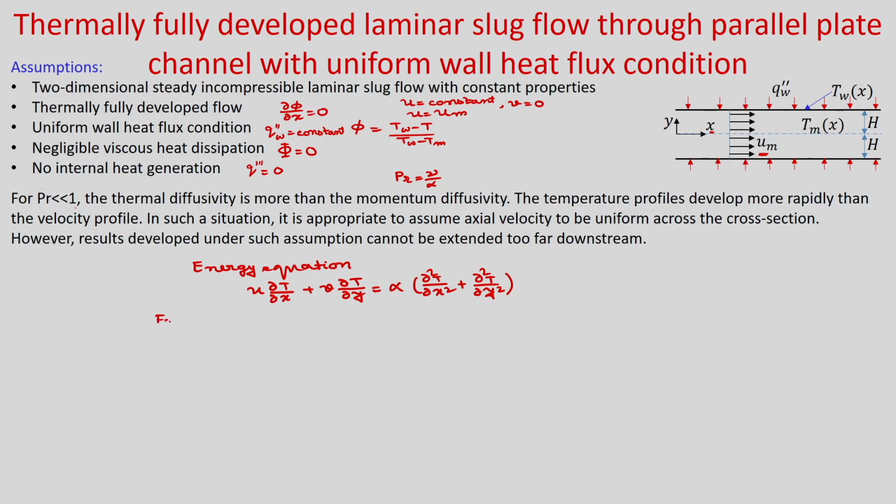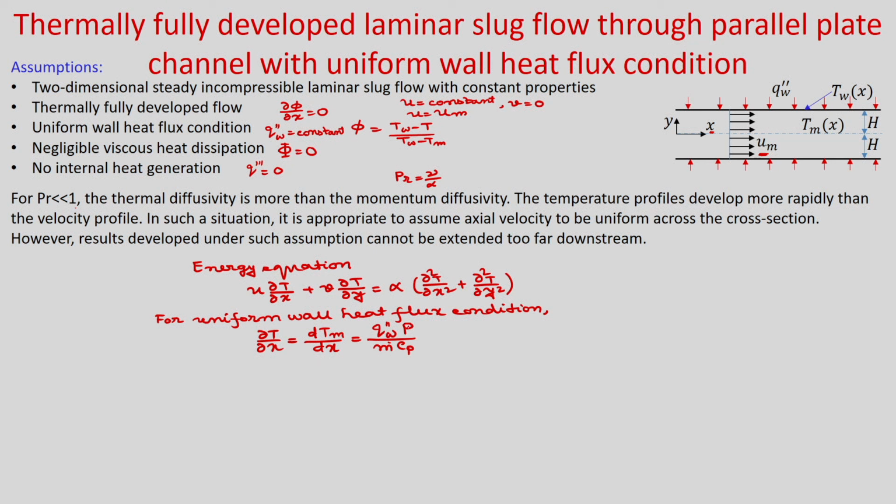Now, for uniform wall heat flux boundary condition, you know the del T by del x, we have already derived. So, for uniform wall heat flux, del T by del x is equal to dTm by dx, and that is equal to q double prime w p by m dot c p. You can see that q double prime w is constant, p is the perimeter.